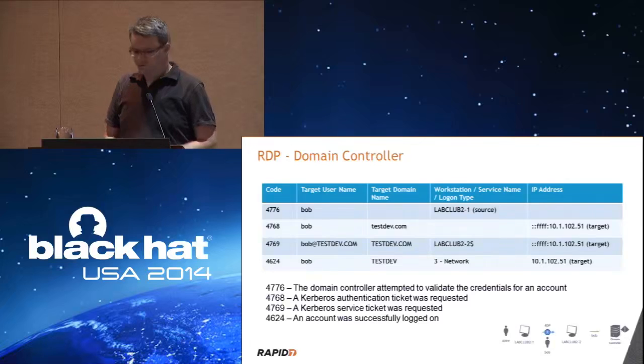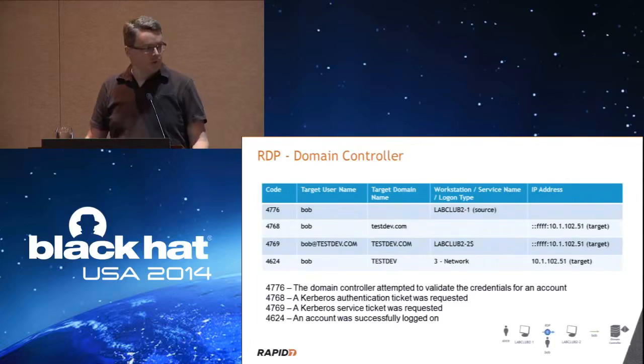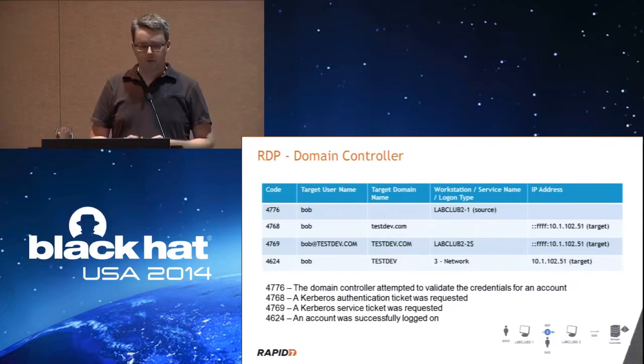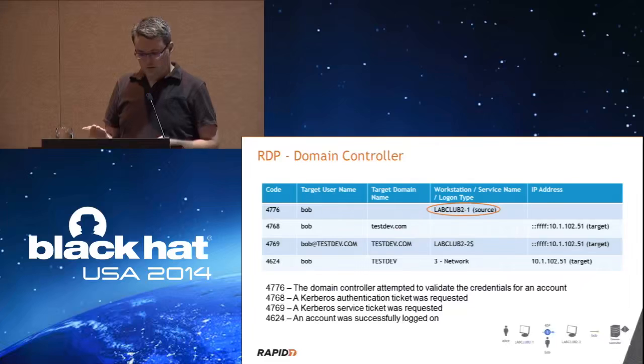All right, back to the example that we're going to start with. Again, using RDP to log in from system A to system B and changing users. On the domain controller, we see an authentication where the source machine is listed as the workstation name, and we see that the target username is Bob.